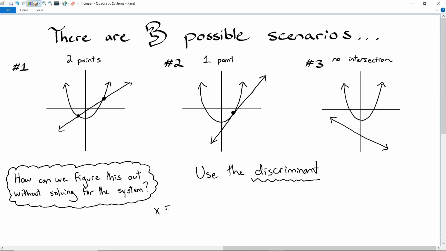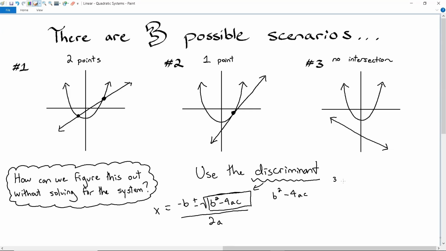Well, if I write out the quadratic formula, this part of the quadratic formula right here is actually called the discriminant. So that's just b squared minus 4ac.